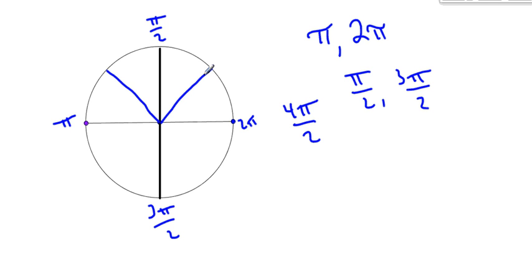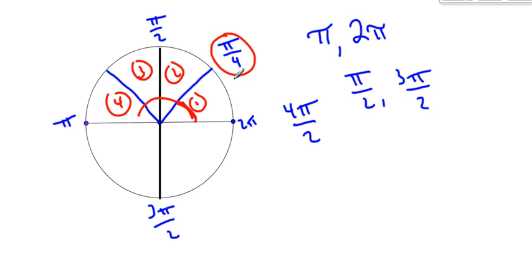So halfway to a right angle is half of this. Half of a half is a quarter, and you can visually see that I've gone a quarter of the way to half a circle, which means I've gone a quarter of the way to pi, or pi over 4. So this angle, which we used to call 45 degrees, is pi over 4.